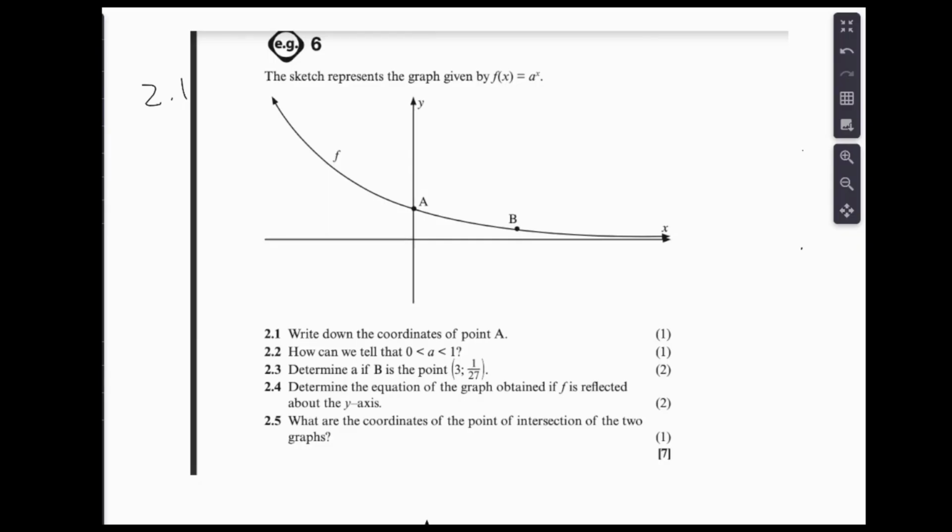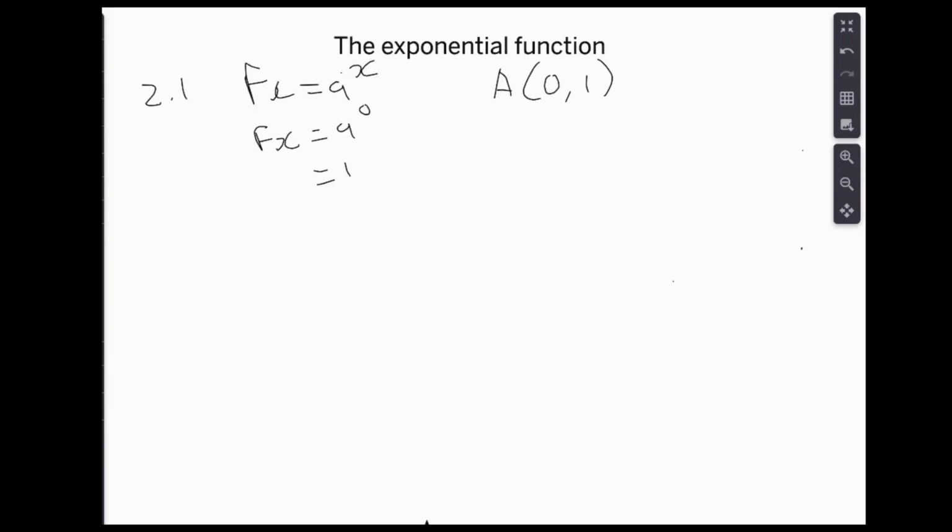Now, how can we tell that a is greater than 0 but less than 1? We tell it because the graph is decreasing. That will be our answer.